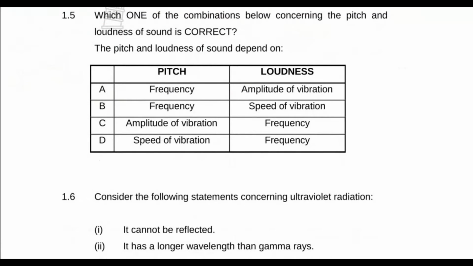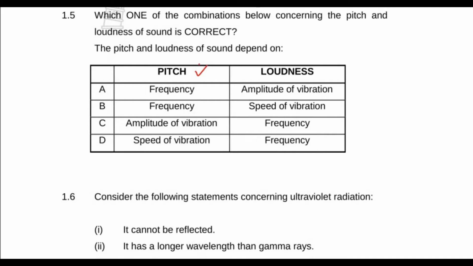Question 1.5. Which one of the following combinations below concerning the pitch and the loudness of sound is correct? The pitch and loudness of sound depend on. So we are given a table. In this column, we have pitch.